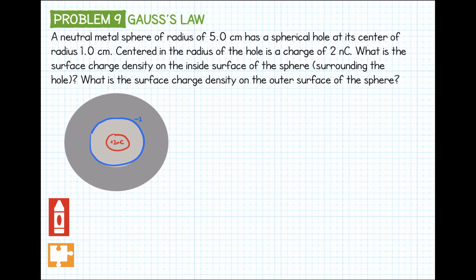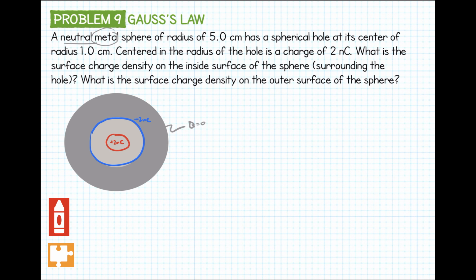-2 nanocoulombs. The other thing is we know that the charge of this whole thing is 0. Okay, so that's what neutral means. So, neutral sphere. Metal says conductor. Neutral says that the charge is 0, so Q equals 0 inside the sphere.